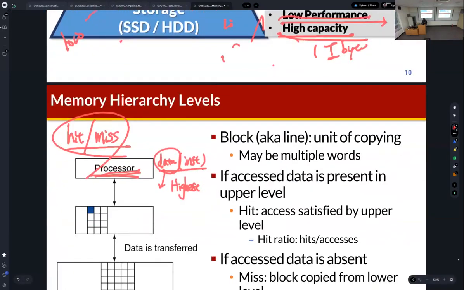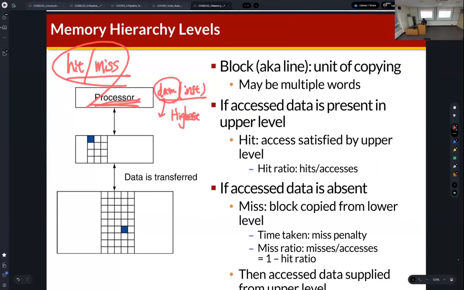So when the data is requested, the processor requests the required data to the high level memory first, which means the L1 cache. Then there can be two cases.